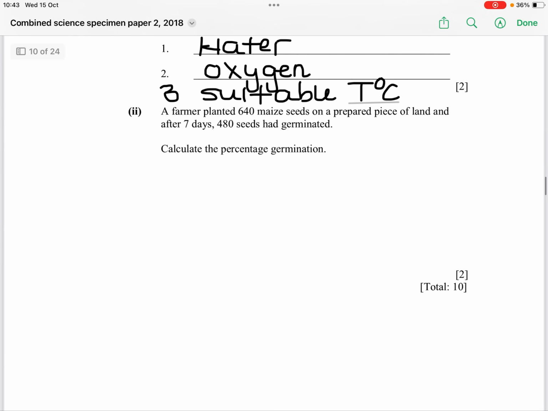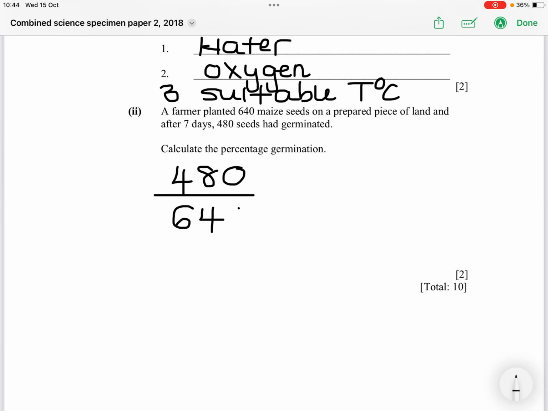And then on part 2, a farmer planted 640 maize seeds on a prepared piece of land, and after 7 days 480 seeds germinated. Calculate the percentage germination. So we say the total number of seeds that germinated is 480, and then we divide by the total number of seeds that were planted, 640, times 100%.